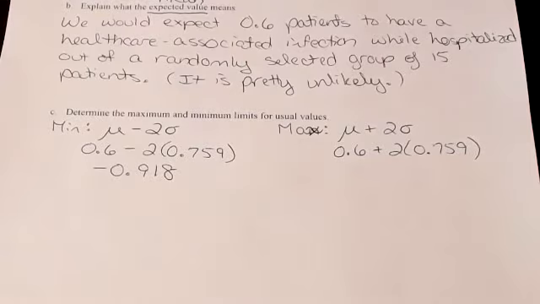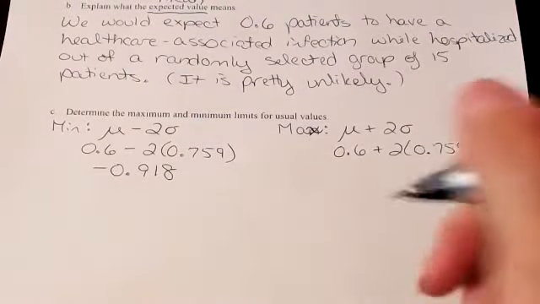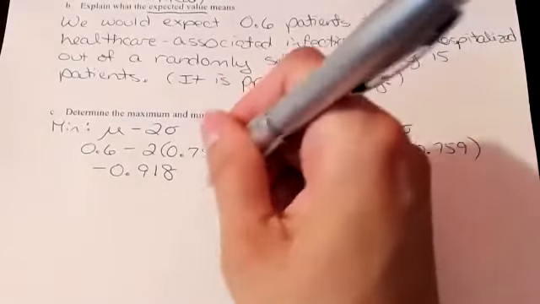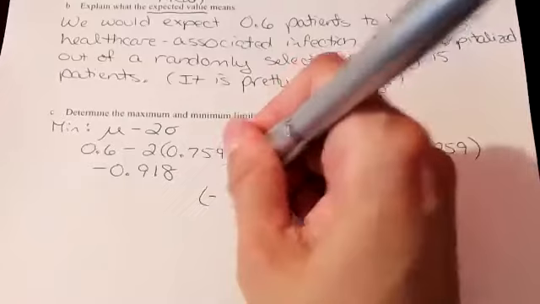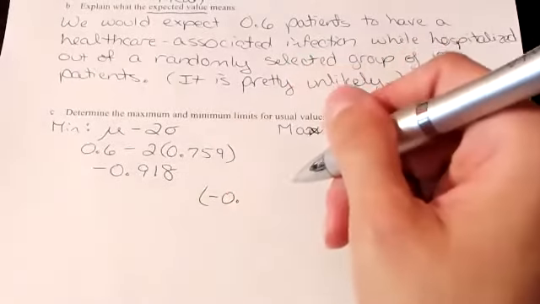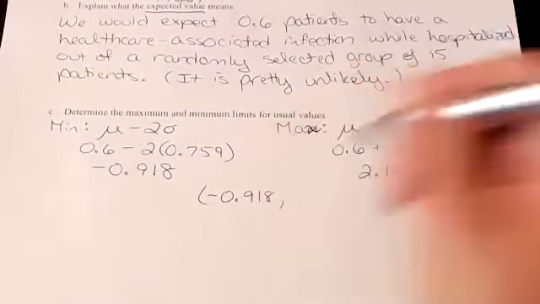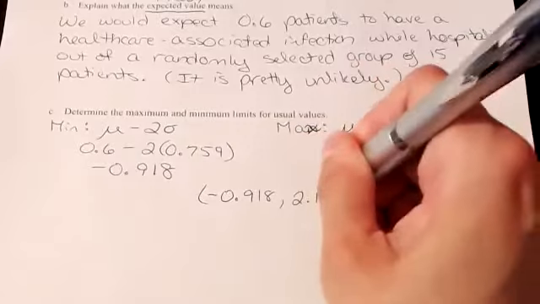Like a negative 0.918, that doesn't quite make sense, but we can interpret what this is saying. Yes, Leah, your upper bound is 2.118. Thank you for writing it in interval notation: negative 0.918, comma, 2.118.